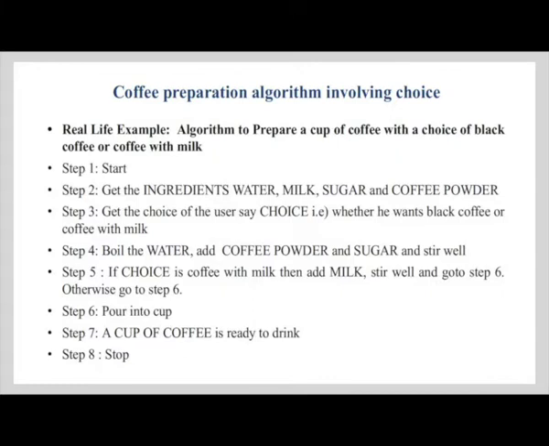Step 3, get the choice of the user, say choice, whether he wants black coffee or coffee with milk. Step 4, boil the water, add coffee powder and sugar and stir well. Step 5, if choice is coffee with milk, then add milk, stir well and go to step 6. Otherwise, go to step 6. Step 6, pour into cup. Step 7, a cup of coffee is ready to drink. Step 8, stop.